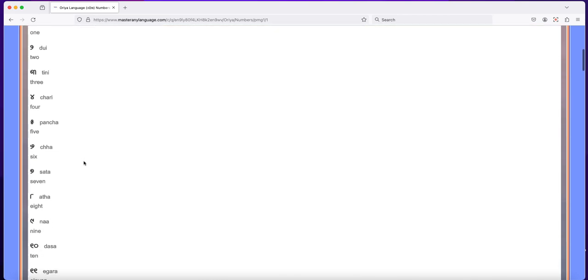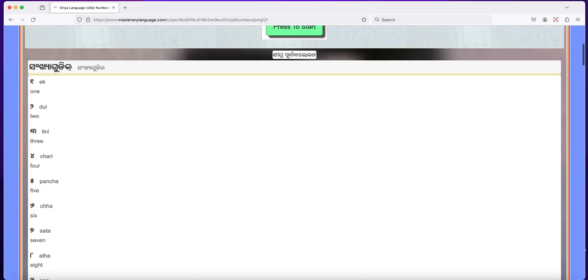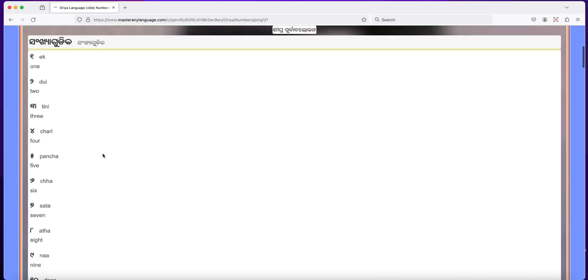I know maybe one or two real alphabets in Oriya, but during the game is when we will be trying to figure our way through and see what we can pick up.